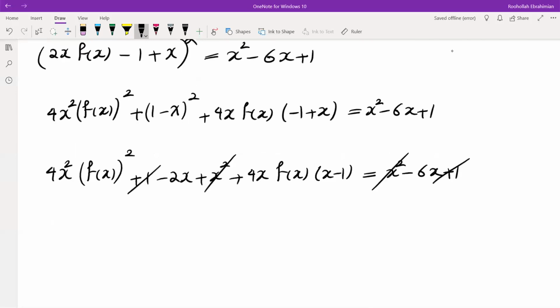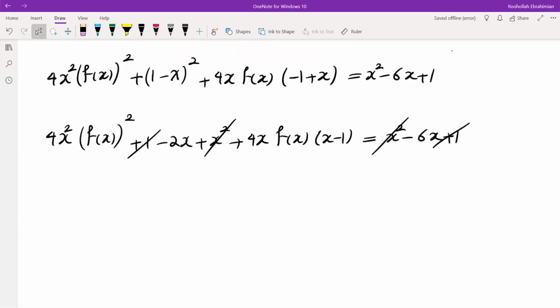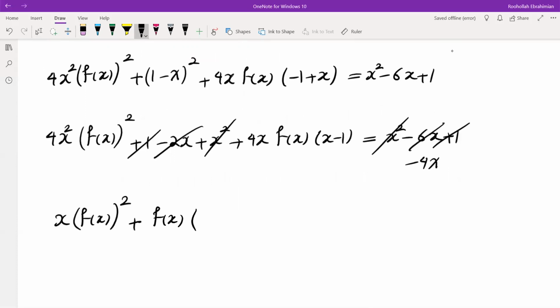X squared cancels, and everything has a factor of 2x, so I can divide off by that. So in fact, if I cancel this one, I get negative 4x. In fact, everything is going to have a factor of 4x, which is nice. So x times f of x squared plus f of x times x minus 1 equals negative 1. Okay, so that's nice.